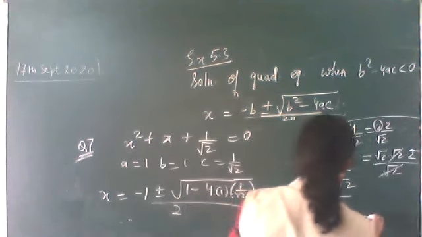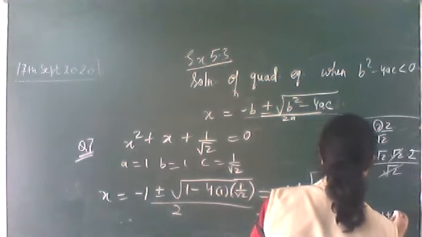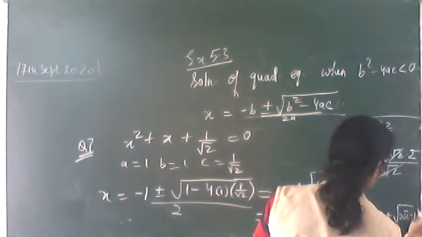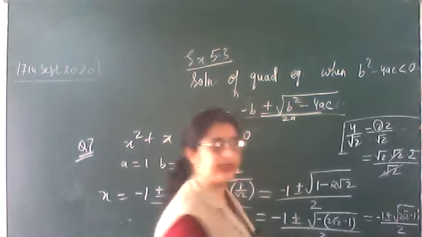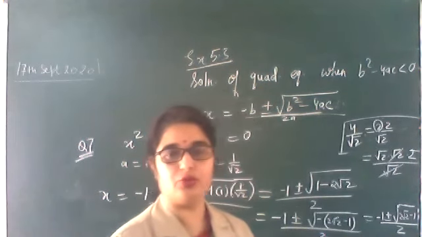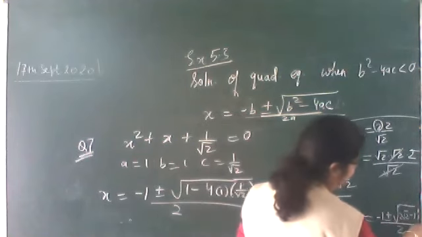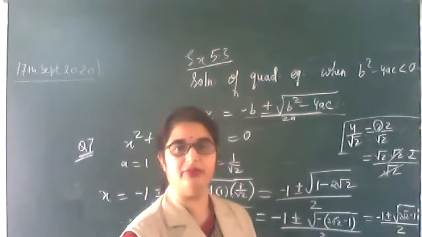So this can be written as minus 1 plus minus root of 2 root 2 minus 1 iota upon 2. Is that clear? This minus sign is here, so we have taken it as iota here, iota here. Clear? Is that clear, everyone?